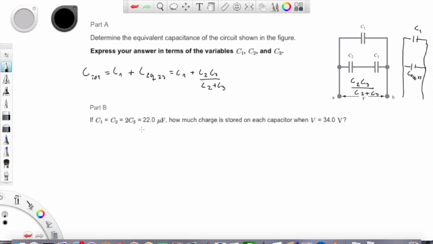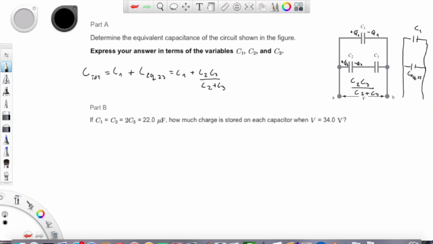In part B, we are supposed to determine the charge stored on each capacitor. So let's start by saying that we have positive Q1 on this plate, and this plate then has negative Q1. In the same manner, we have some positive charge Q2 here, and the negative Q2 on the other plate.